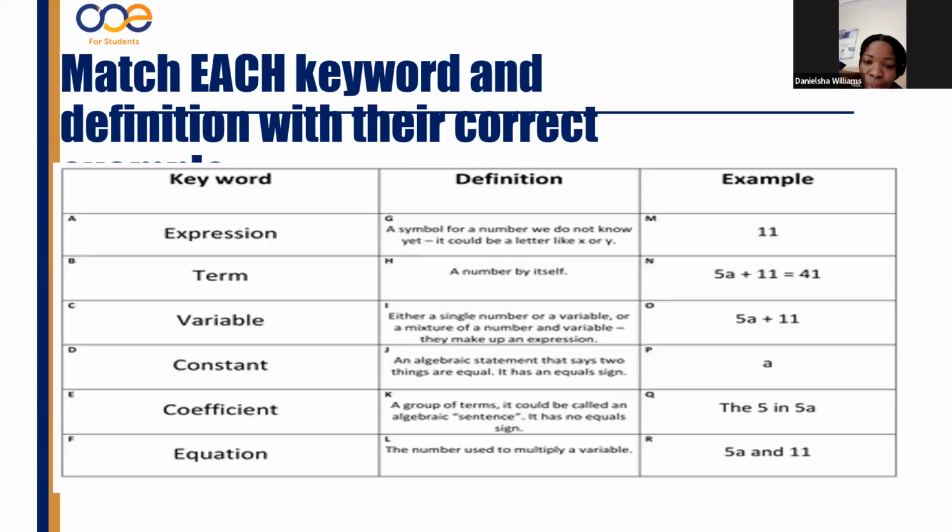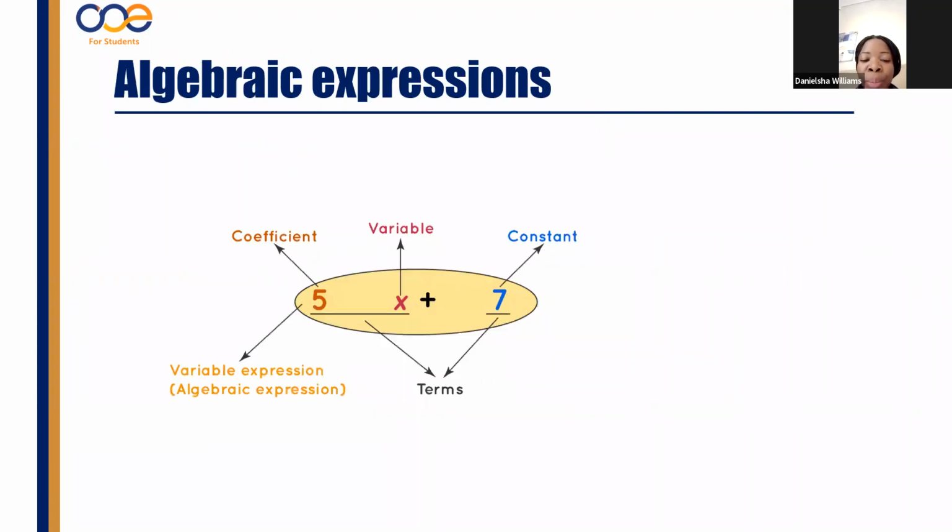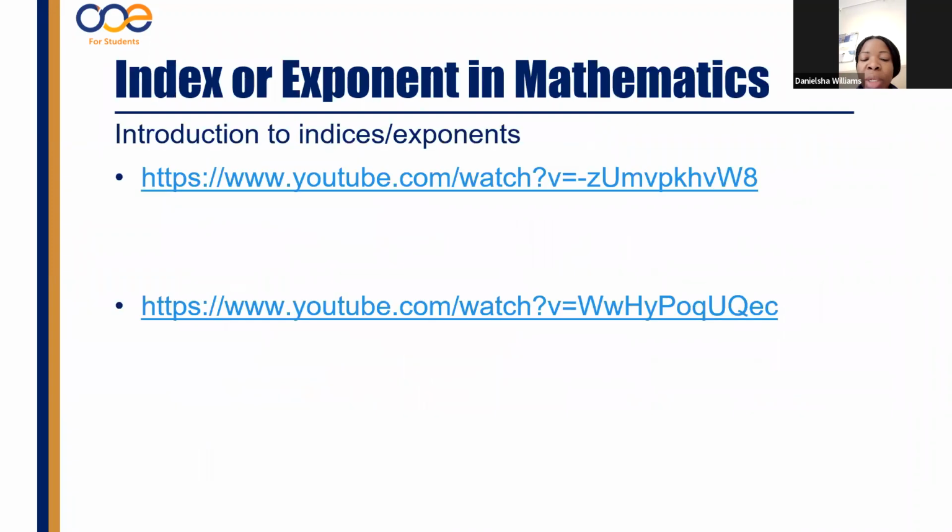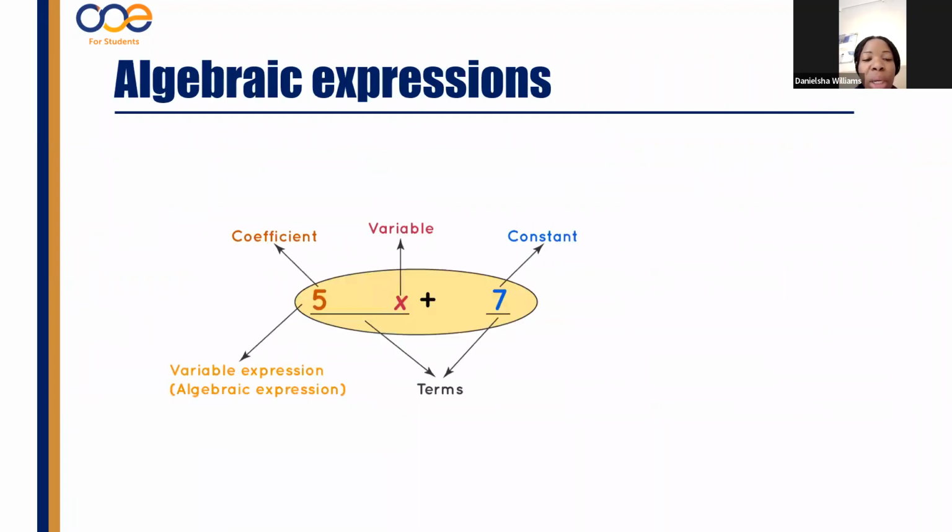This looks at some of our definitions of our terms. Then you can go ahead to the next one, where we just were. That's the labeling.